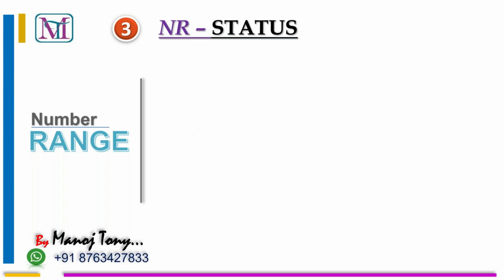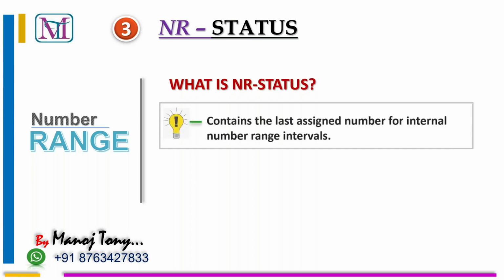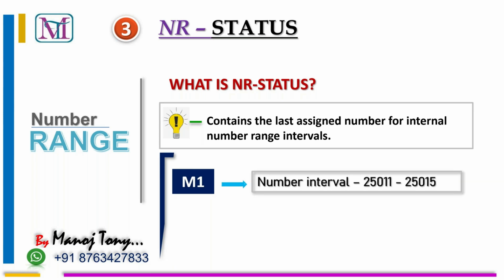Next field is NR status. What is NR status? NR status contains the last assigned number for internal number ranges. So NR status is the last created sales order number. Suppose we have assigned an interval from M1 and the interval is 25,011 to 25,015. So now I'll create a new interval.